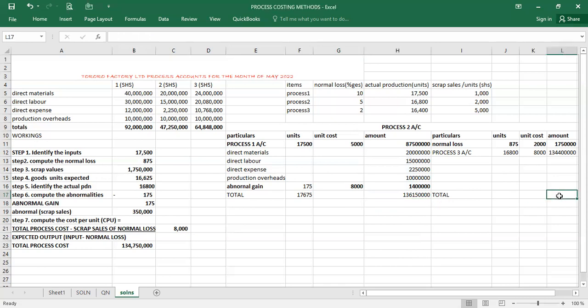So we get for this, it is equal sign sum. Let's enter. Then we get also the totals from here, equal sign sum.